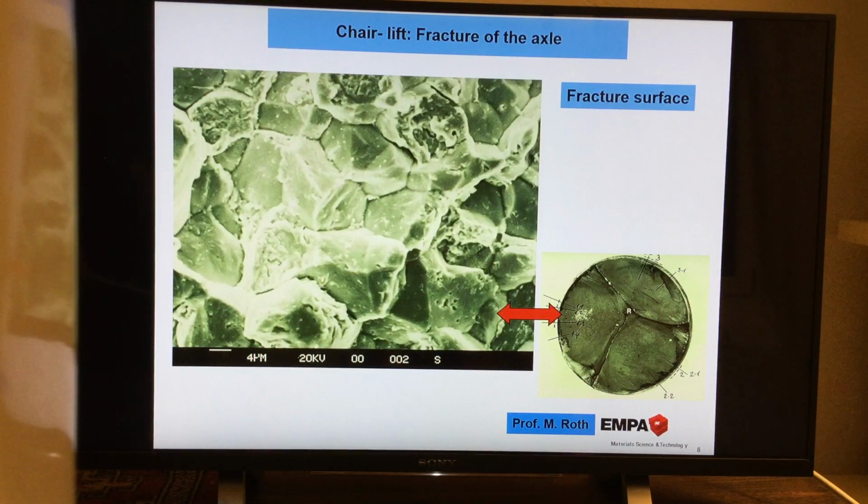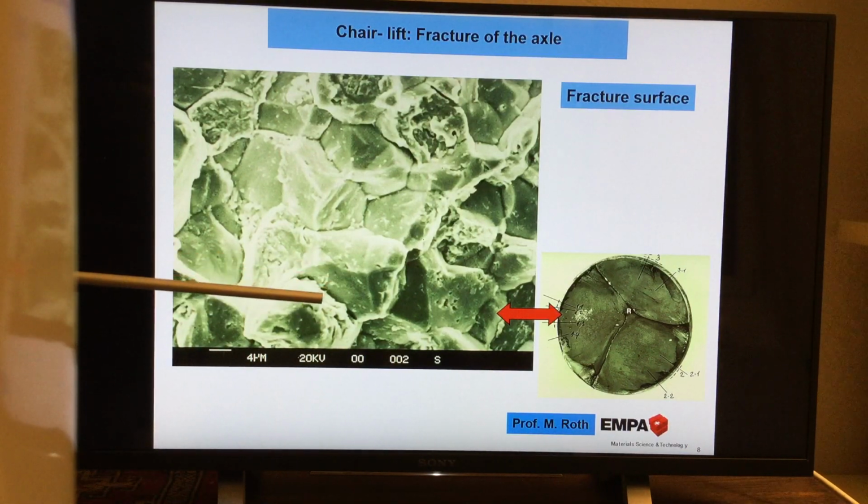But what we already know from fatigue cracking, especially at the start, at the initiation, the crack is not at all intergranular. It's a transgranular feather-like structure.